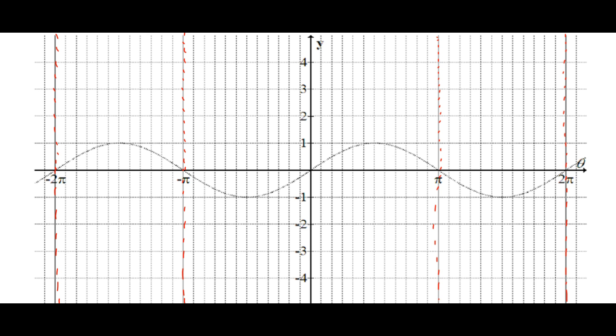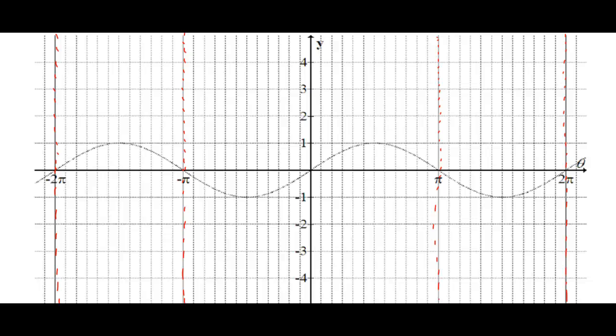Okay, what else do we do? Want to draw a reciprocal, what's the next thing you do? Invariant points, where are they?